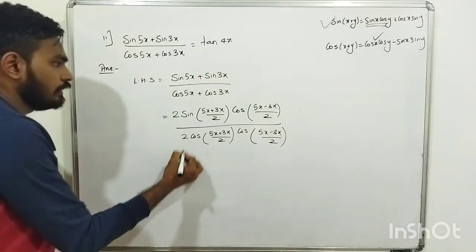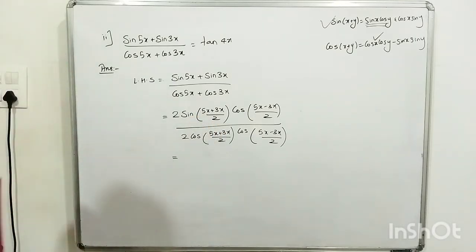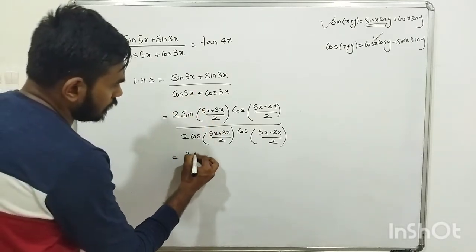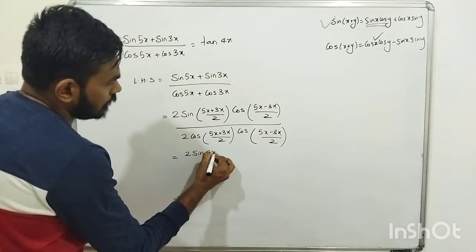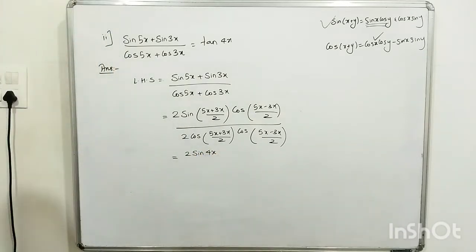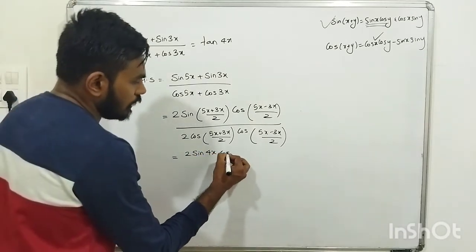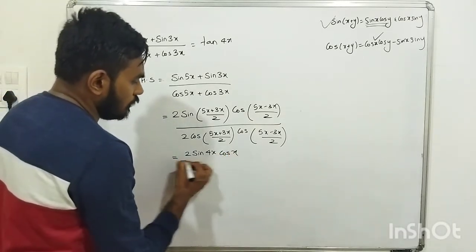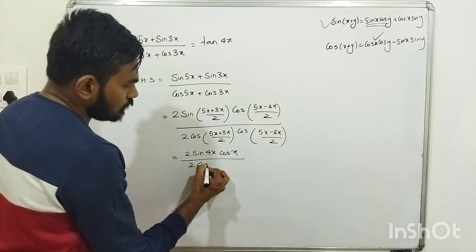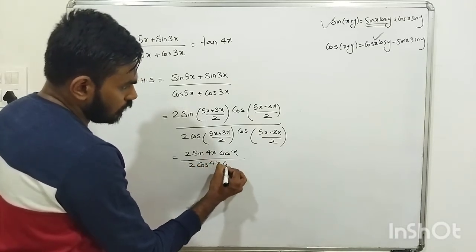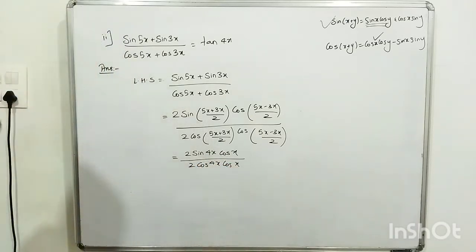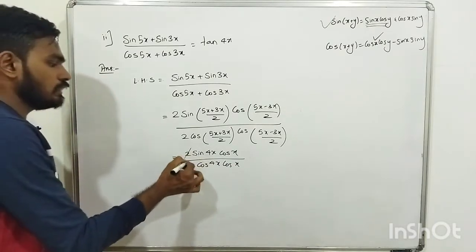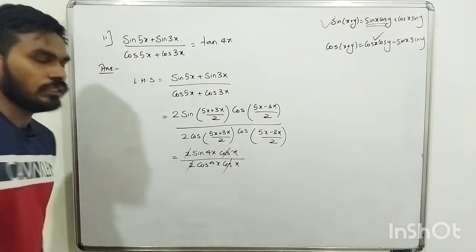What we get? Sin 5x plus 3x is sin 8x, sin 8x upon 2 is sin 4x, correct? Cos 5x minus 3x is 2x, upon 2 is cos x, and 2 cos 4x cos again x. Okay. From this, see what you can cancel. This you can cancel, along with that this also you can cancel. Okay.